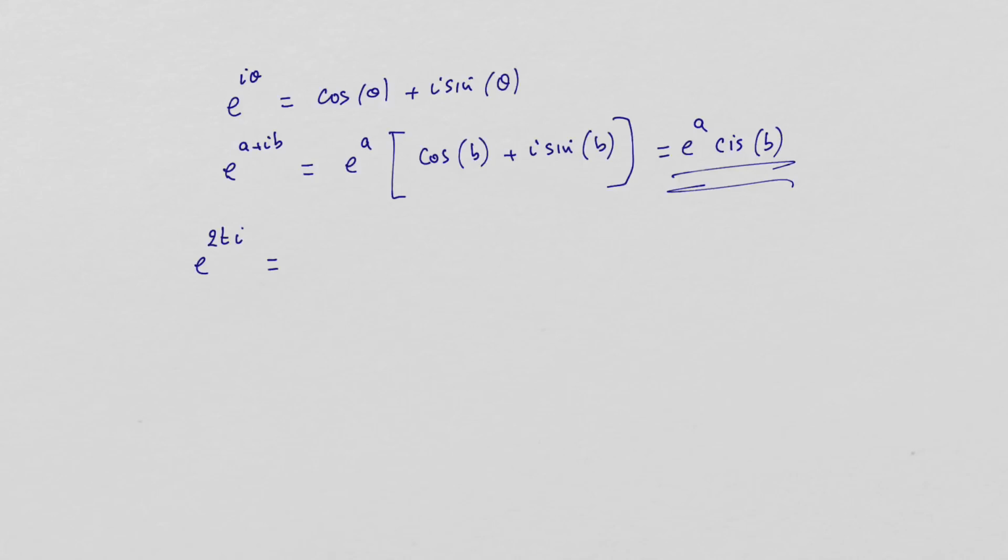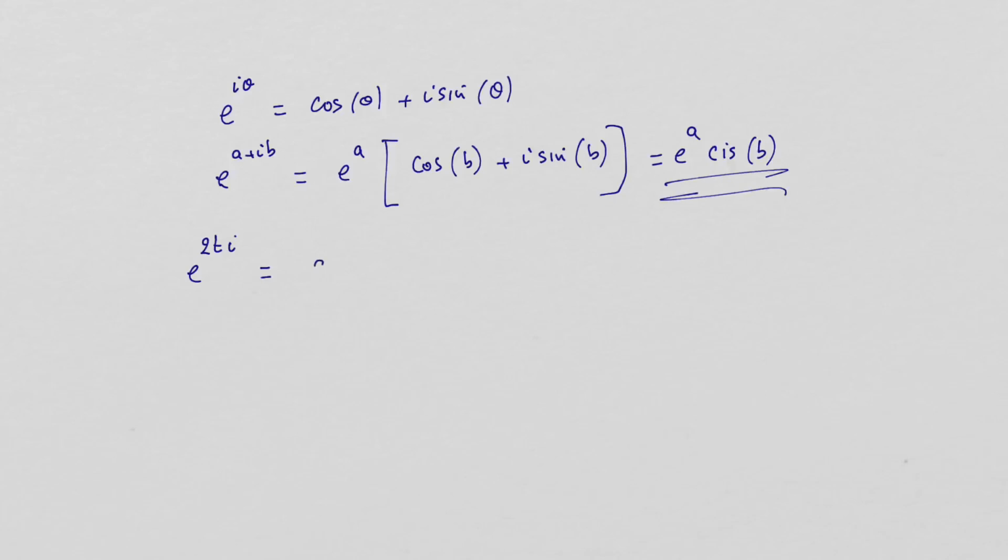It's going to be cosine 2t plus i sine 2t. Isn't that true? This is your theta, right? Now, I can write 2ti like this: ti plus ti.